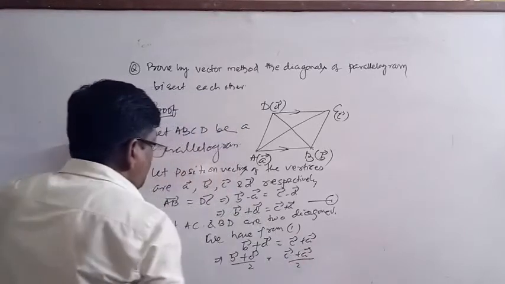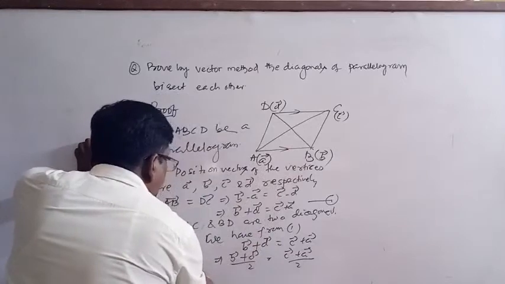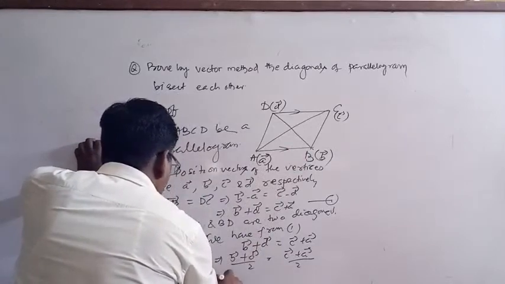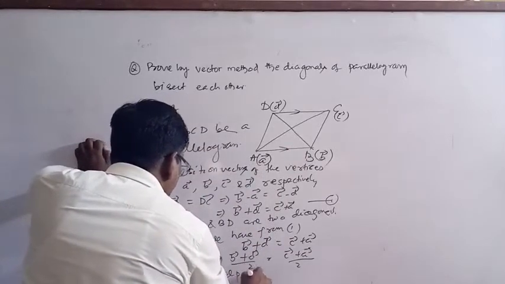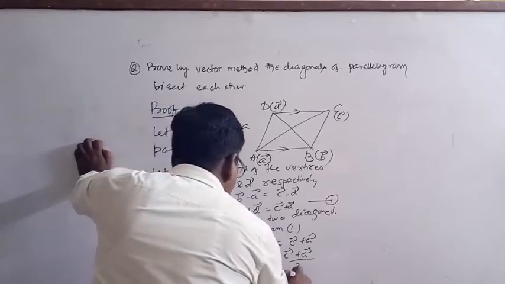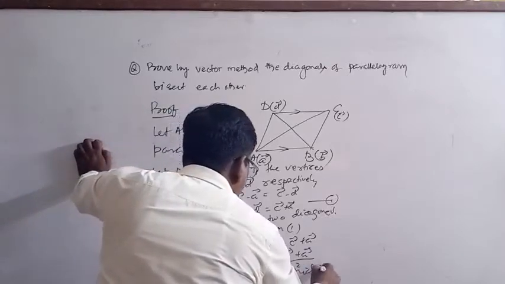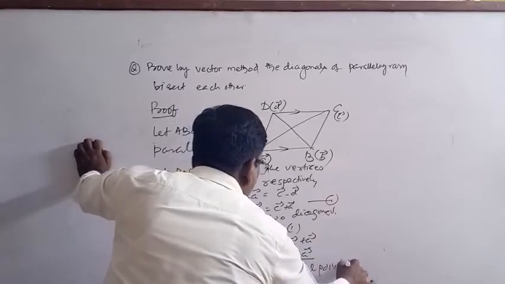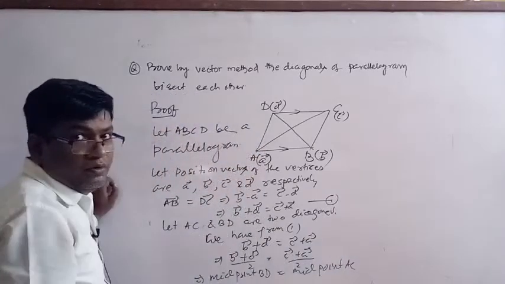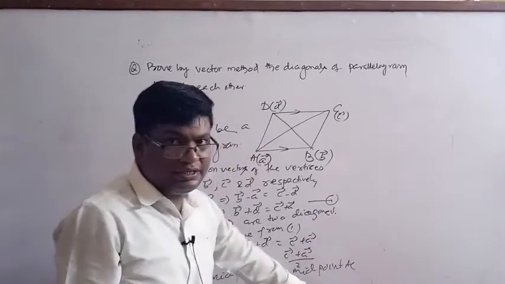What is (B plus D) by 2? This is the midpoint of BD. And this is the midpoint of AC. Therefore, the midpoint of BD is equal to the midpoint of AC. Therefore the diagonals BD and AC bisect each other.